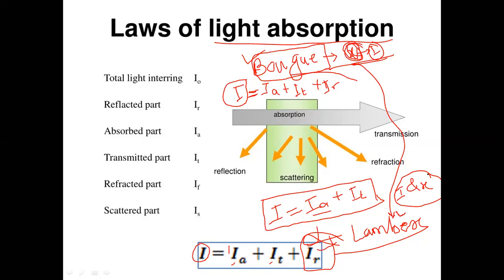This law was proposed by Lambert, so it is known as Lambert's law. Bouguer went on the back foot and Lambert came to the front, and it is known as the Lambert law. लक्षात येतं मी काय सांगतोय ते.